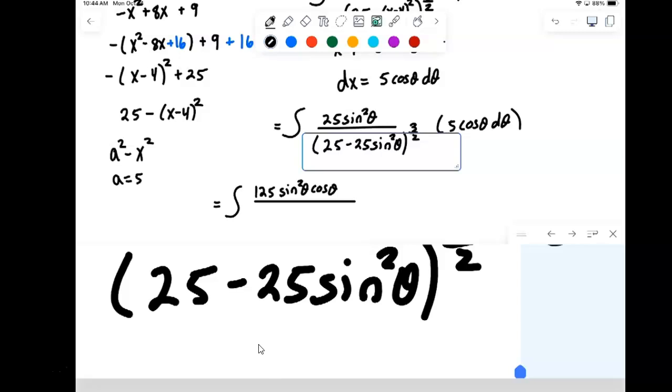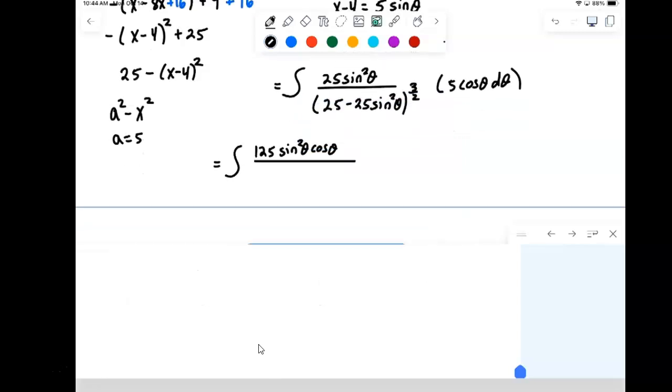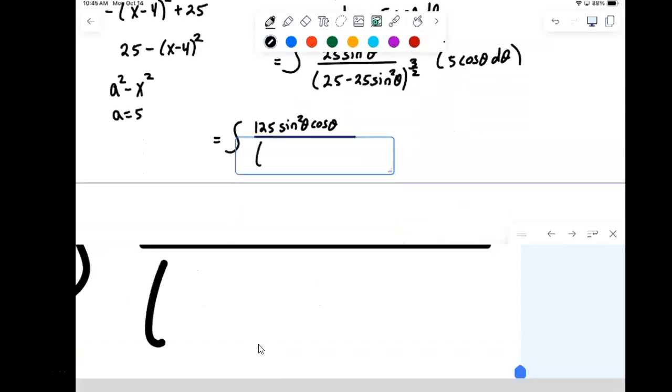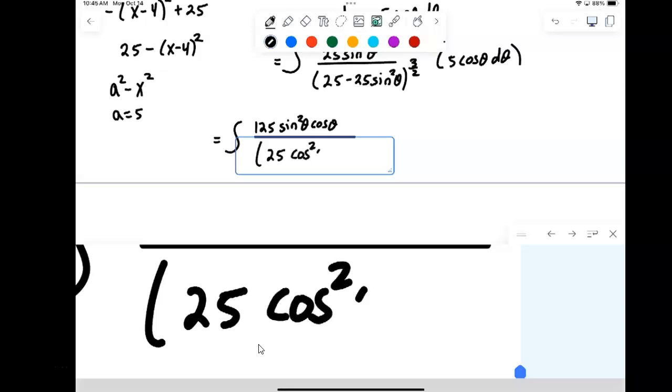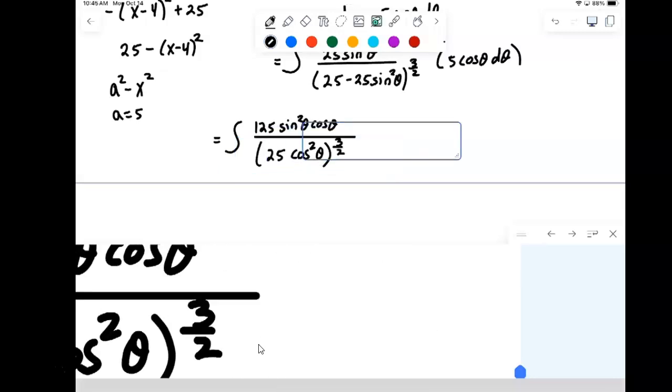Factor out the 25, we'd have 1 minus sine squared. 1 minus sine squared is cosine squared. So this will be 25 cosine squared theta, now raised to the 3/2 power. And of course, don't forget our d theta.